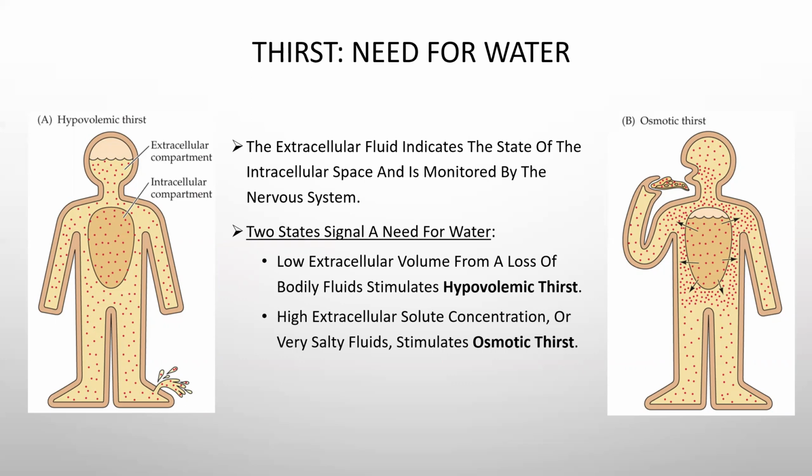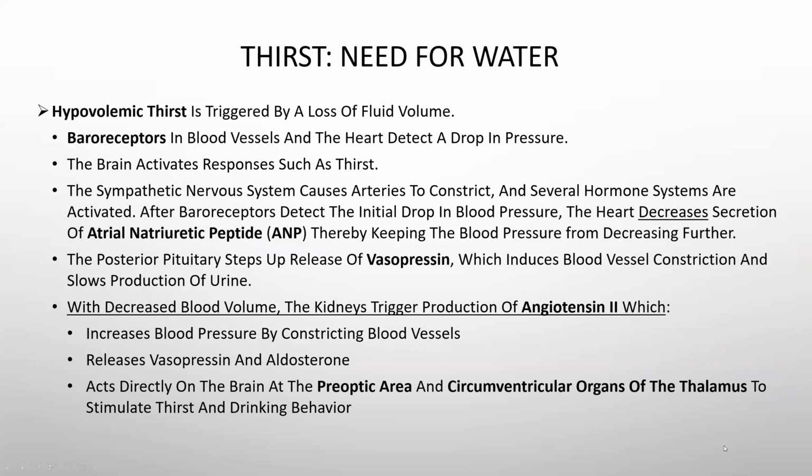Okay, so low extracellular volume, you're losing it through bodily fluids, that stimulates hypovolemic thirst. Osmotic thirst, okay, is from very salty fluids. So the extracellular solute concentration is very salty. So let's look at these each individually.